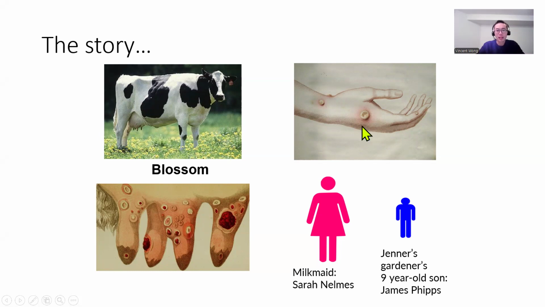So when the milkmaids squeeze the milk from the infected cows, they catch the cowpox. So he noticed that people who got the cowpox and recovered from it seemingly were not affected by smallpox.